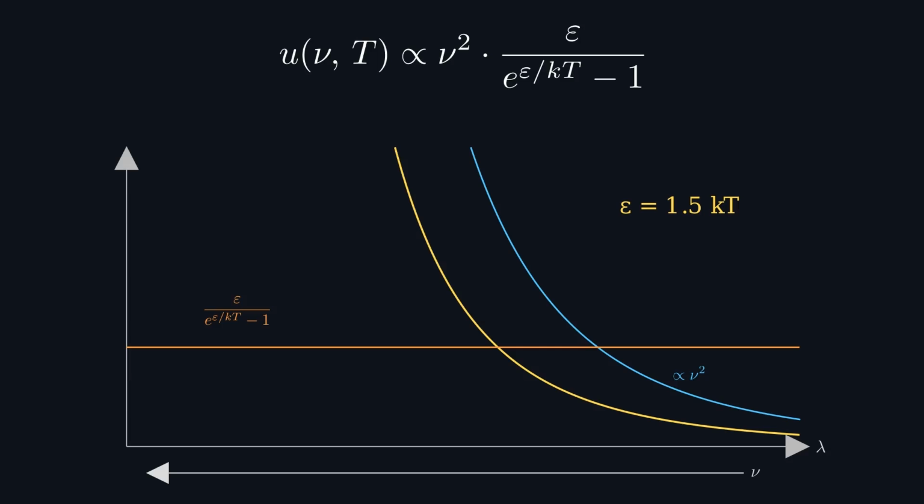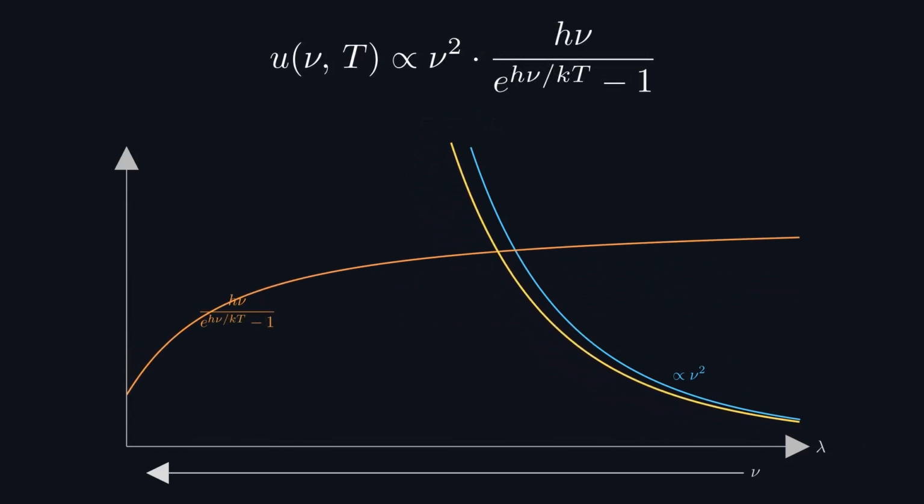But Planck came up with a genius way to fix this, by making the value of epsilon dependent on the frequency. So, we say that epsilon is proportional to v, and can be expressed as epsilon equals hv, where h is just the coefficient to map that proportionality, now known as Planck's constant.